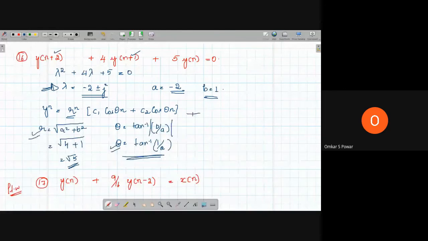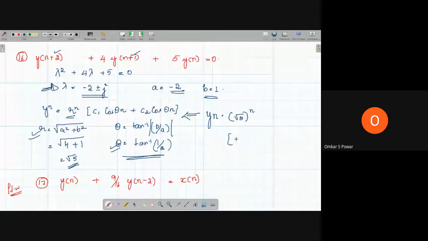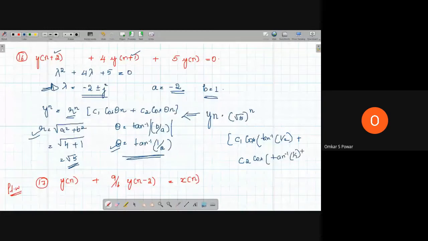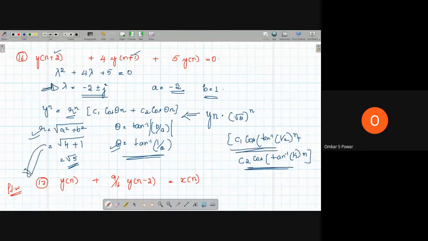The natural response of the system is root 5 whole to the power of n into c1, and c1 we don't know because no clue is given, cos of tan inverse of half plus c2 sin of tan inverse of half. This is how you solve the problem when the roots are imaginary for a discrete time system. Based on this I have given one homework problem. Try to solve it.